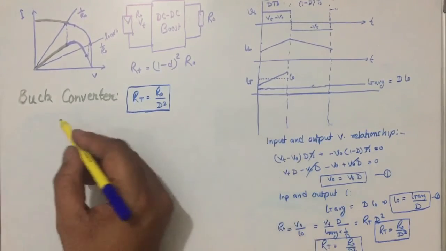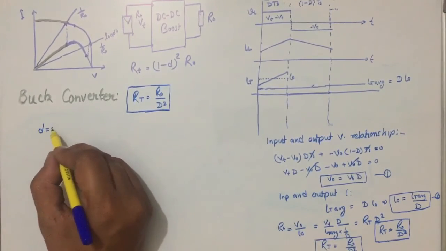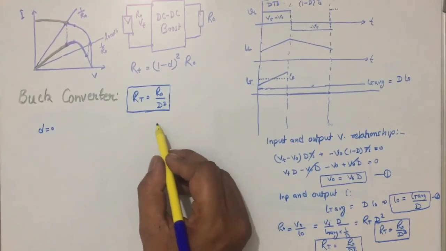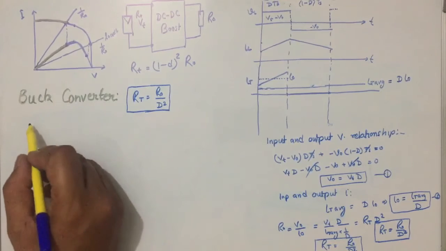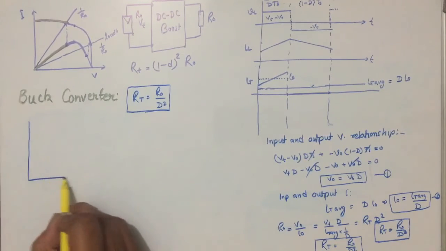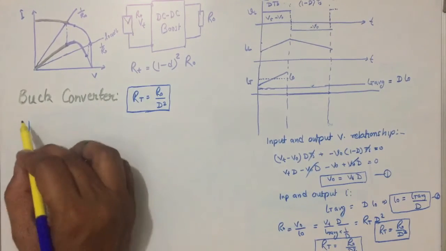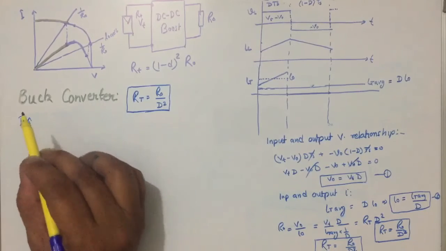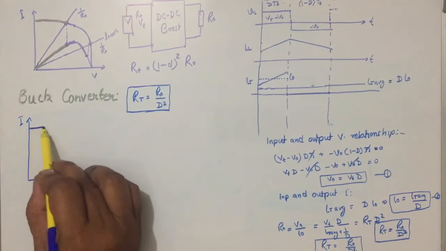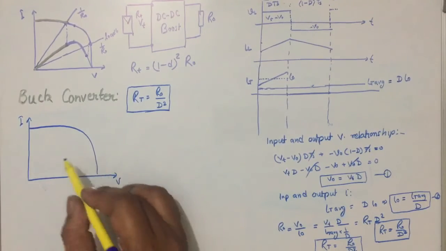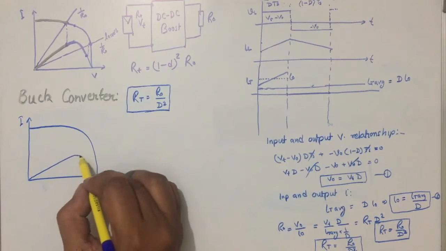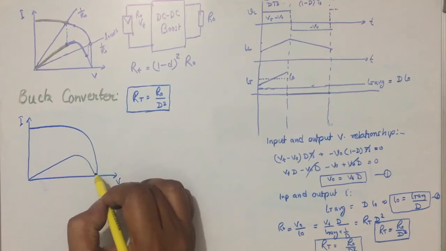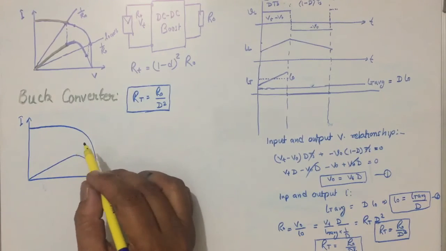So if d is 0, for that purpose let us have the IV characteristics first. This is the IV characteristics. Now at the same time draw the PV characteristics like this. This is the maximum power point.